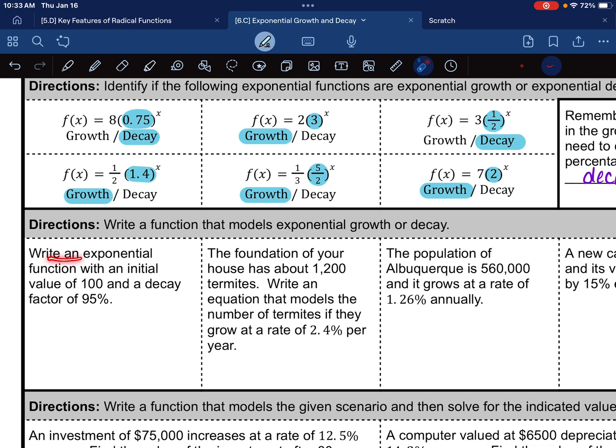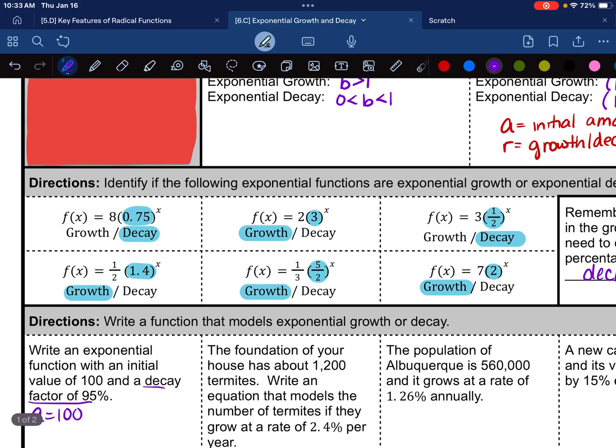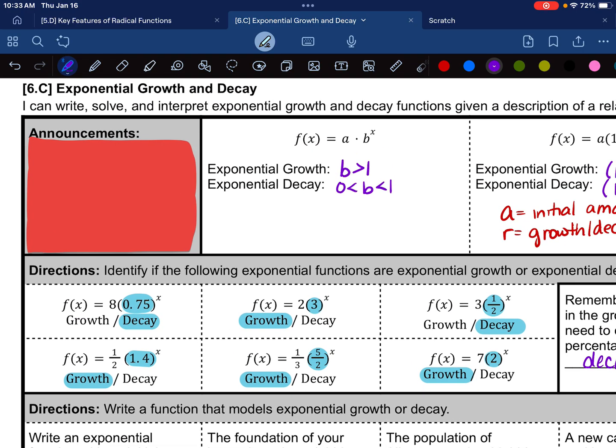So now we're going to practice with this. This one wants us to write an equation with an initial value of 100. So that means that a equals 100 here. And a decay factor of 95%. When it says decay factor, we're going to use this formula, where b is the growth or decay factor.